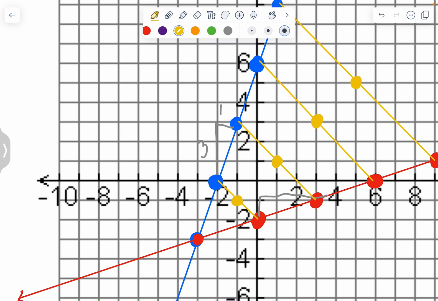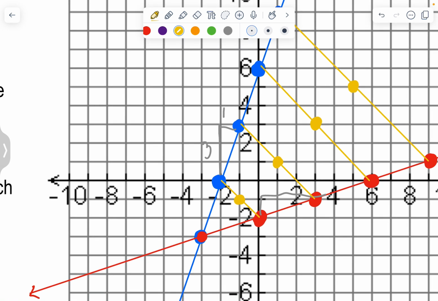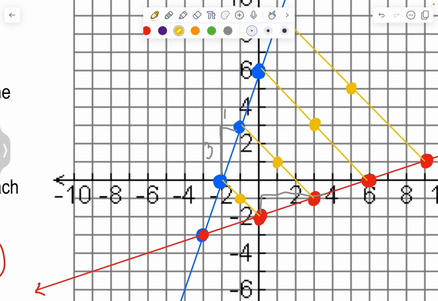So if I think about the coordinates of these midpoints, this point is at -1, -1. The second one is at 1, 1. This one is at 3, 3. And then 5, 5.